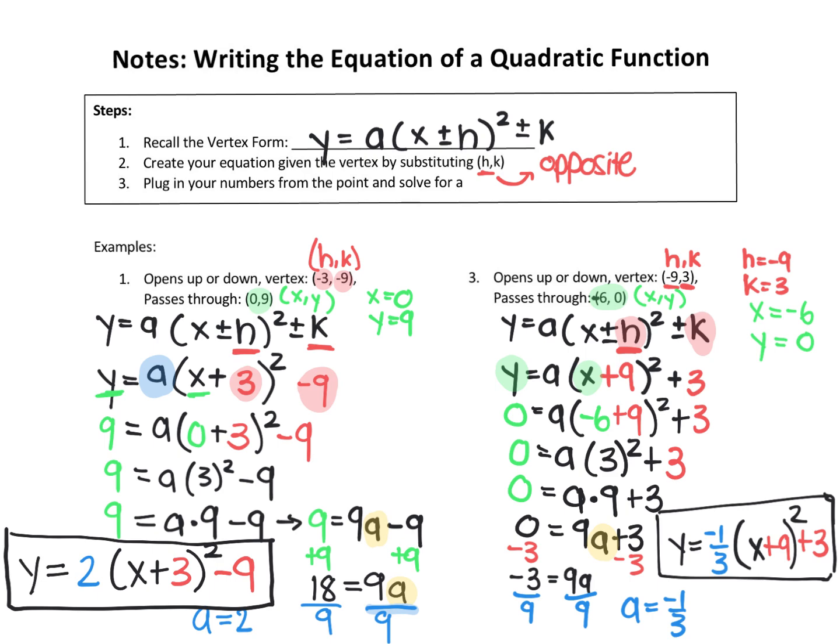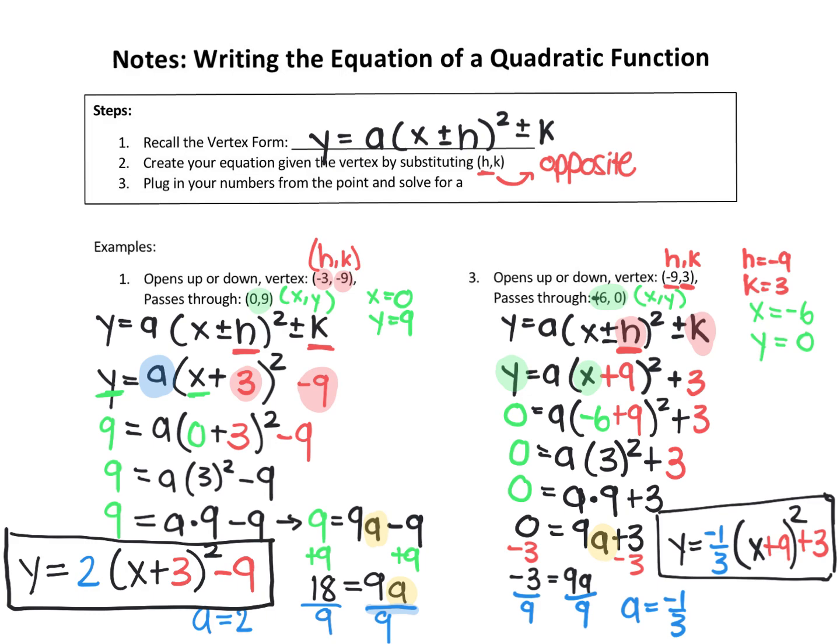So if you were able to get that very well, then please work on the rest of this worksheet. If not, you can find this video on Canvas and watch it again, or perhaps even look up some more videos on how to write an equation of a quadratic function given the vertex and a point, and that should help you.